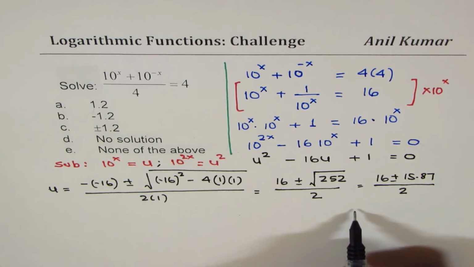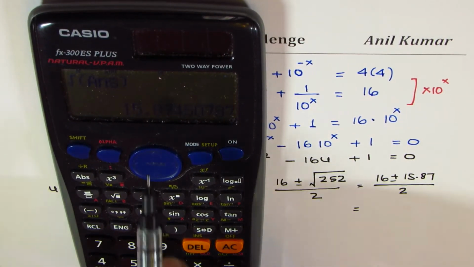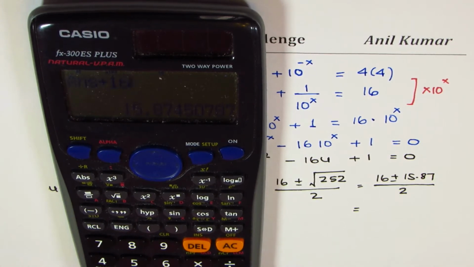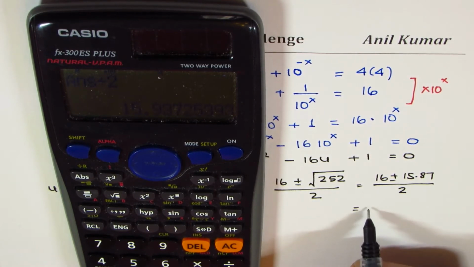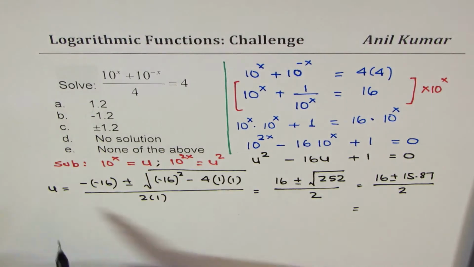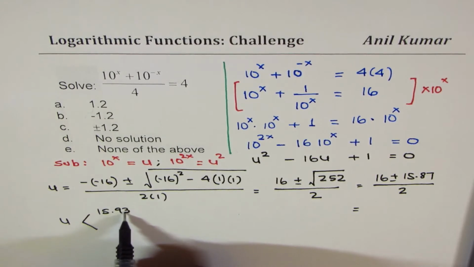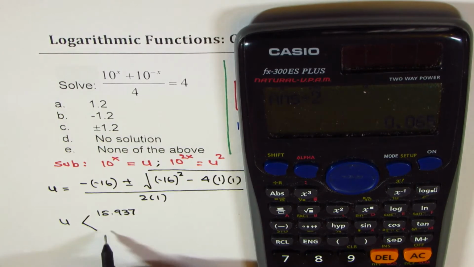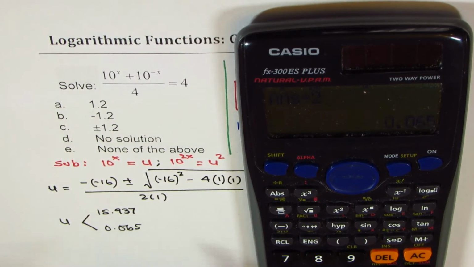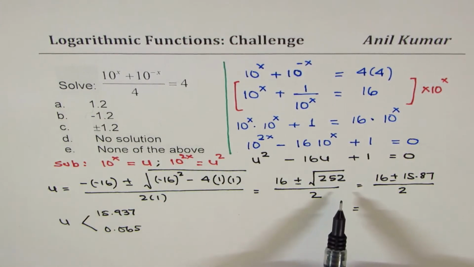One is 16 plus 15.87 divided by 2, which is 15.937, or we do 16 minus 15.87 divided by 2, and that is 0.065.